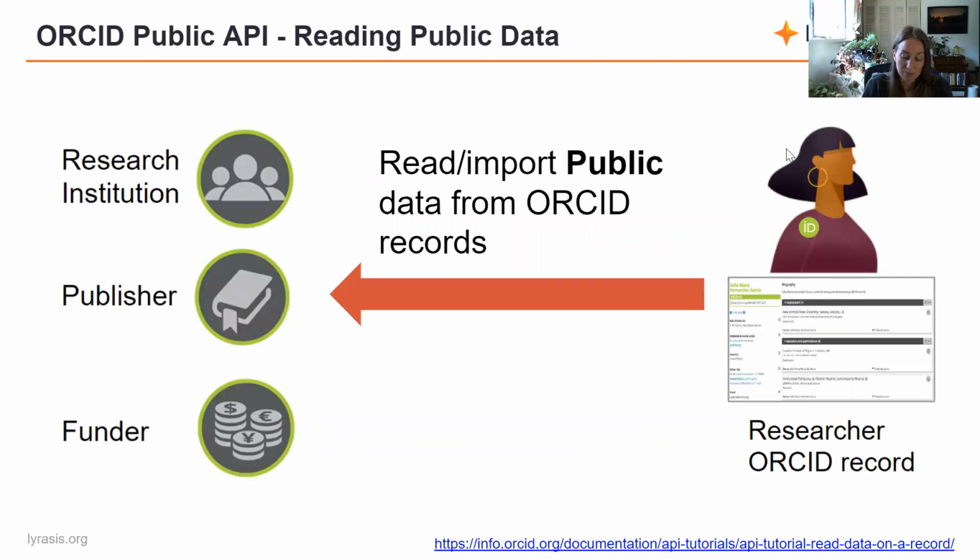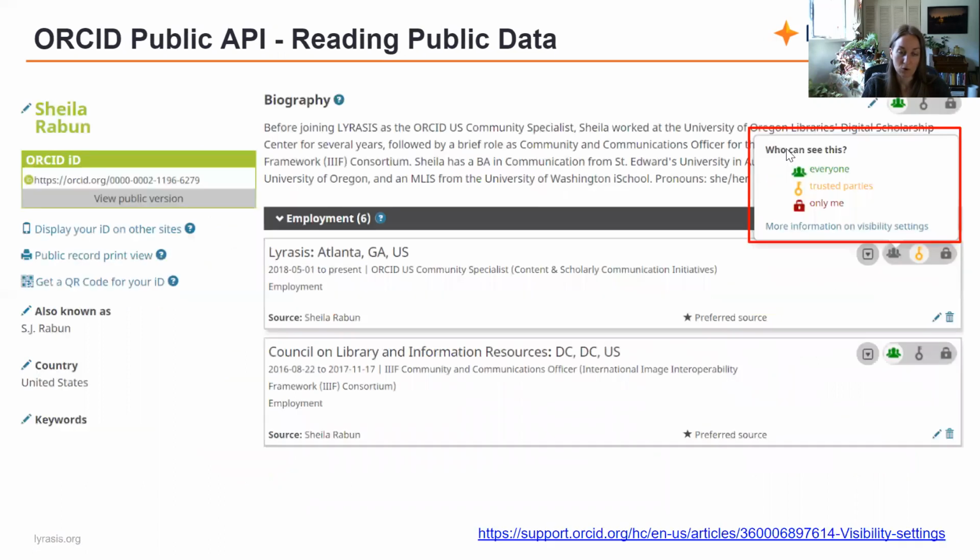And finally, the public API allows us to read or import any public data from somebody's ORCID record into a local system. So basically, individuals have full control over the visibility of their data in ORCID, and they can choose to set their information to public, private, or trusted parties only.